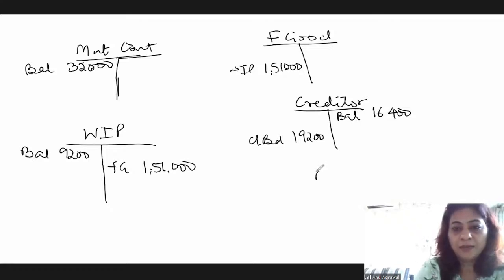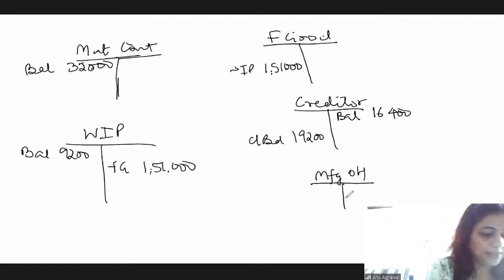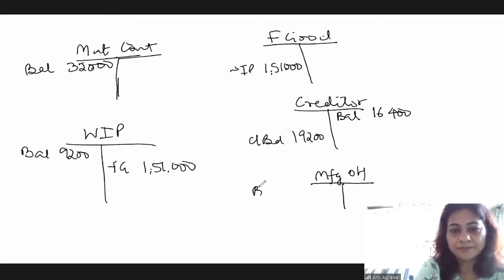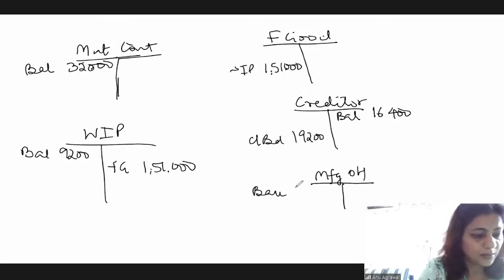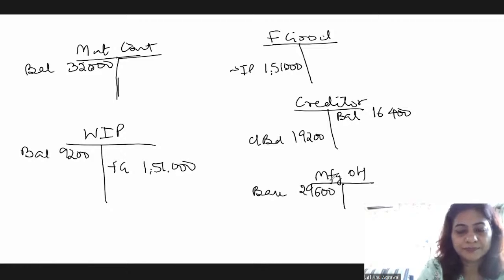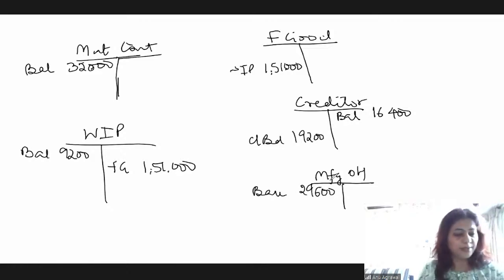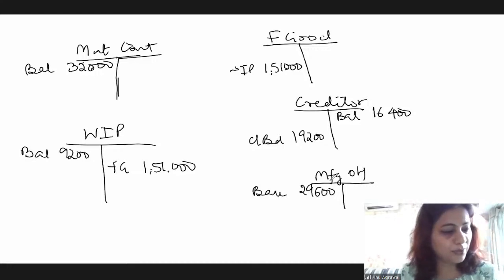You have got a manufacturing overhead control account. How much is it? They have just said bank, 29,600. There is a finished goods account also.